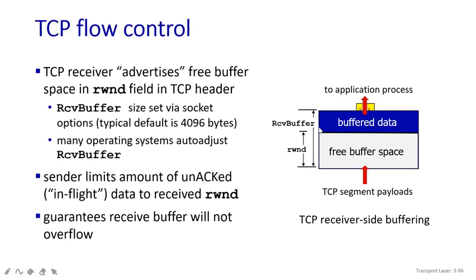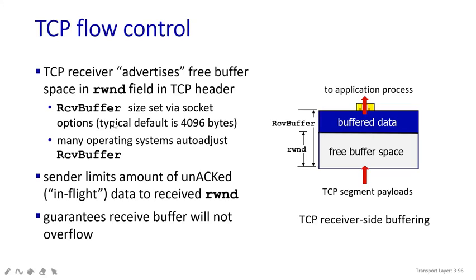The free buffer space you can see is known as your receive window. This much space is your receive window. But the blue line you can see is your receive buffer. The total from here is your buffer data, but the receive buffer will be from top to bottom.